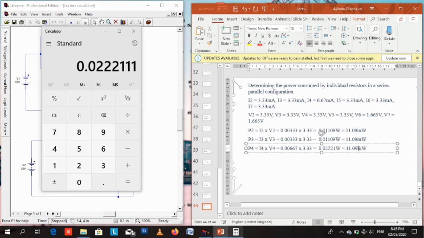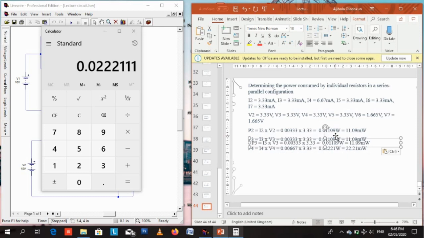So you can convert that to milliwatts, and if we do that, that should give us 22.21 milliwatts. Remember that milli is 10 raised to the power minus 3. That's basically 22.21 times 10 raised to the power minus 3 watts. So that is P4. So we have P2, we have P3, we have P4.